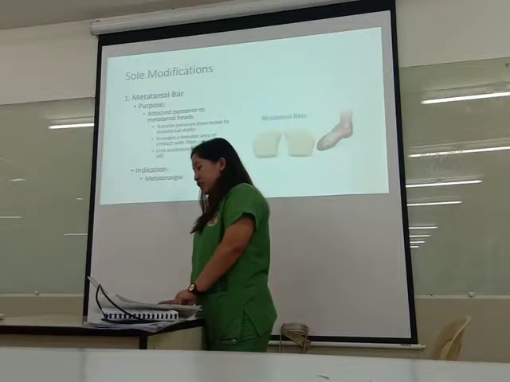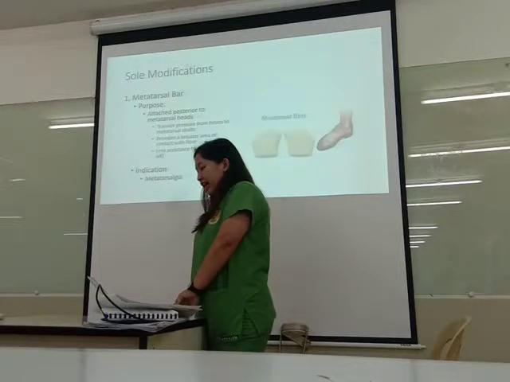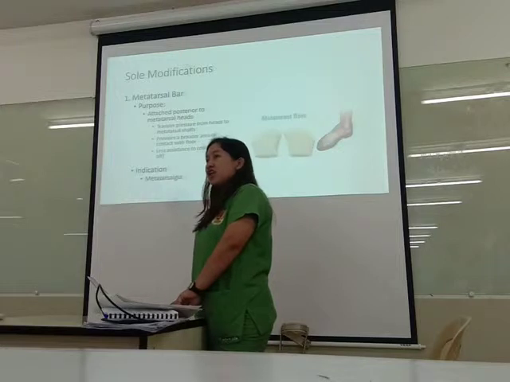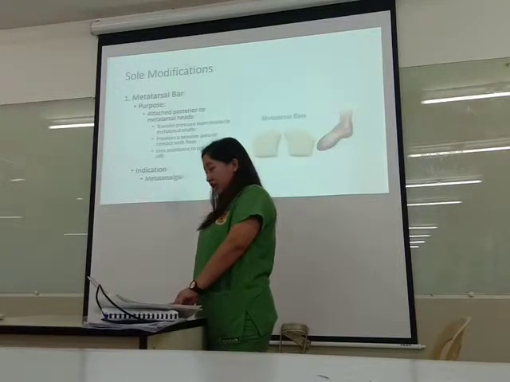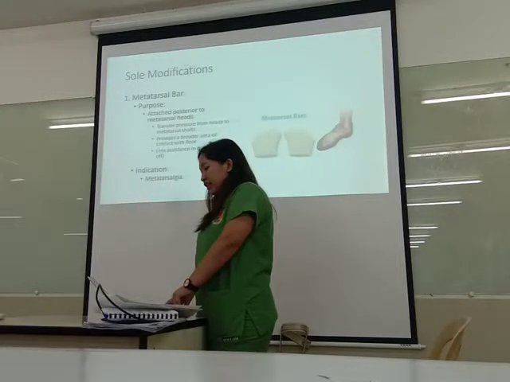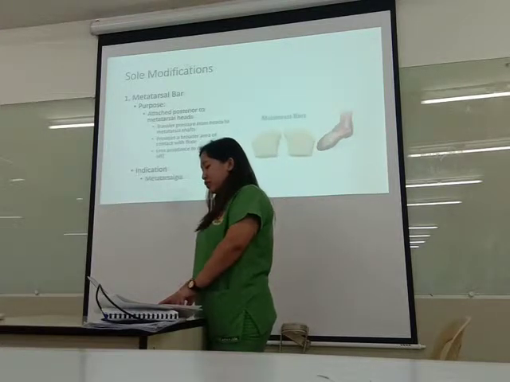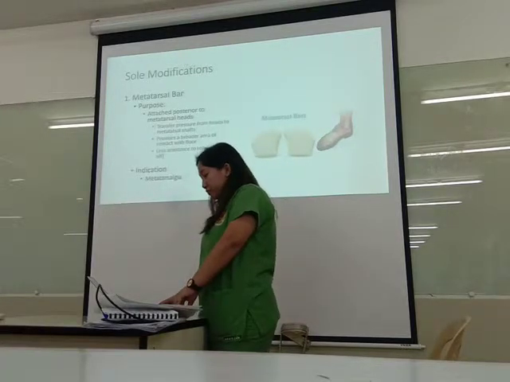It transfers pressure from the heads to the metatarsal shafts, which is common in metatarsalgia. It also promotes less effort to roll over or push off.